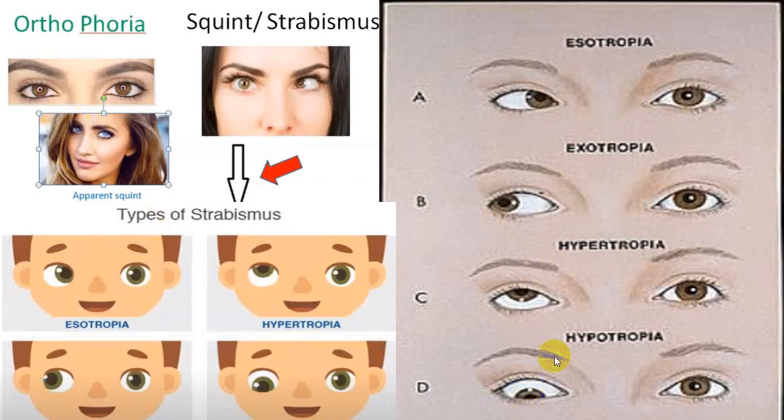This is downward, so hypotropia. Here you can see this is inward, or nasal, or medial, or adduction, so esotropia. This is outwards, or temporal, or lateral, or abduction, so exotropia. This is upward, hypertropia, this is downward, hypotropia.